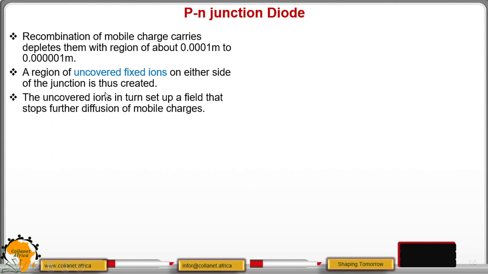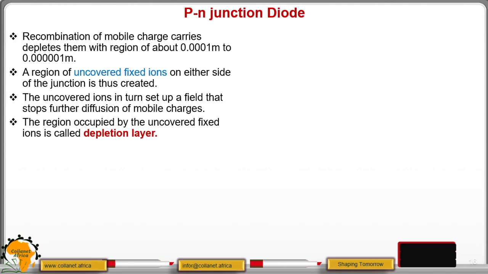The uncovered ions in turn set up a field that stops further diffusion. Remember, on one side we have fixed ions and on the other side we have fixed ions. Therefore, they create a potential barrier that prevents any flow or any recombination of those mobile charges.